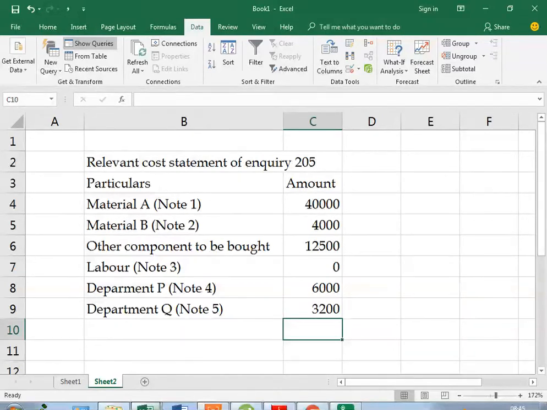Analyze estimating department item. 100 into 5, they have given some extra information.